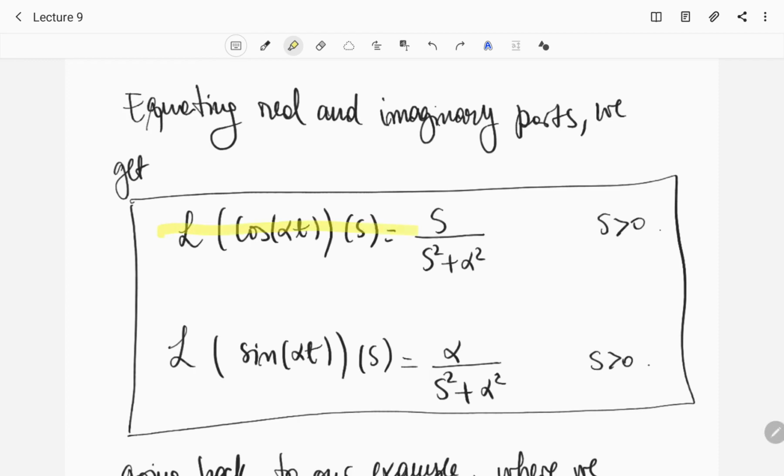So now we know these two new Laplace transforms. And this was a sub-exercise inside our real exercise, which was, in the particular case, with alpha equal to 3.